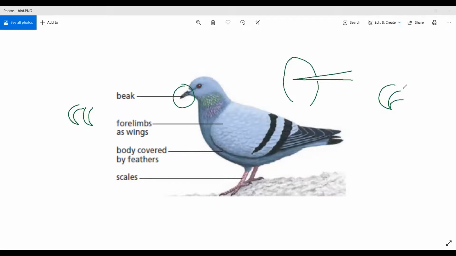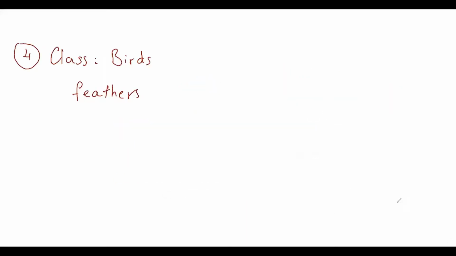There is a very, very important property for the animals, or the vertebrate animals, and let me add it here in a separate page, please. There is something dealing with the temperature of these animals.